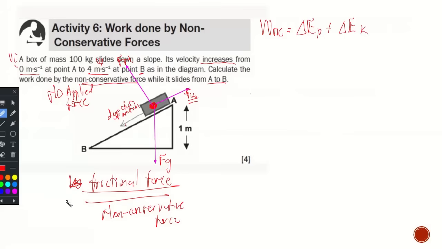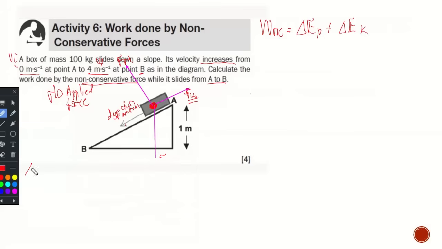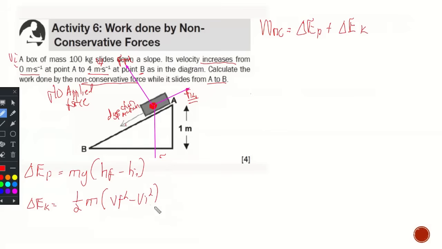And then you need to note that this formula comes from knowing that change in EP will be what? Change in EP will be mg, and then bracket height final minus height initial. And then your change in EK will be half m, and then bracket Vf squared minus Vi squared, right? So it's just a combination of that.